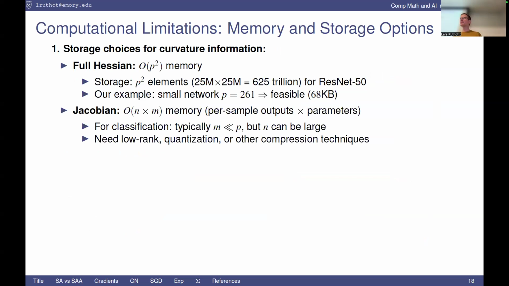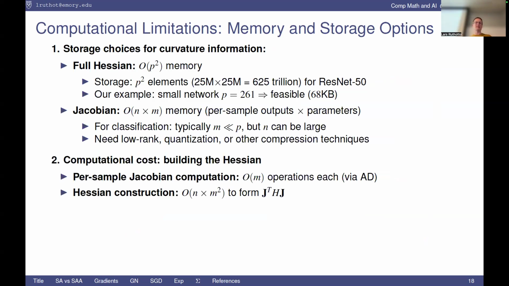Now, if you think this through, and you want to do this for a ResNet-50 architecture with 25 million weights or so, of course, now I have to give up and need to be more creative. There you will not be able to store this full Hessian matrix. You will not be able to even compute the Jacobians.